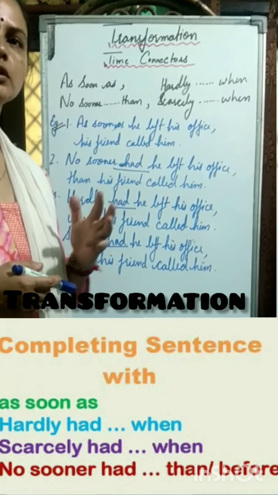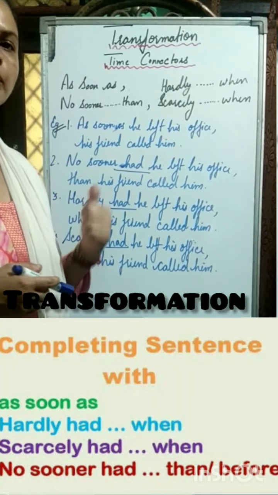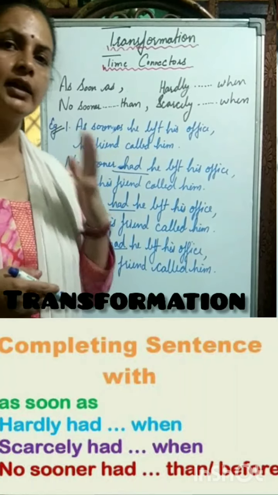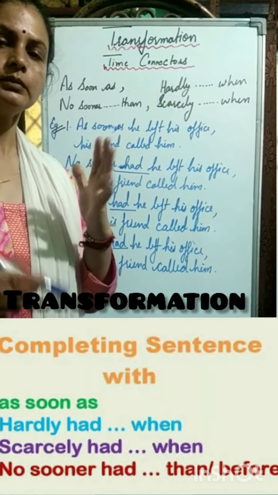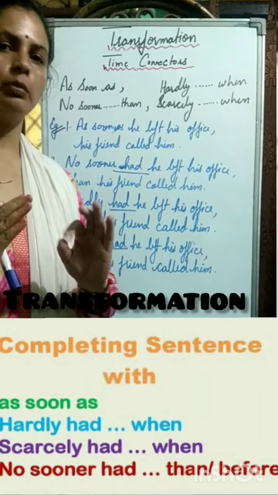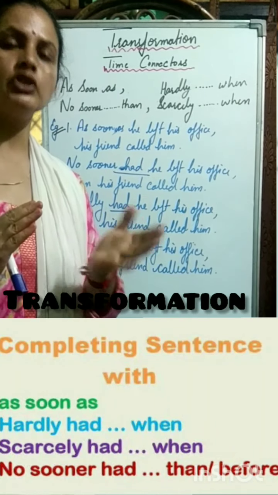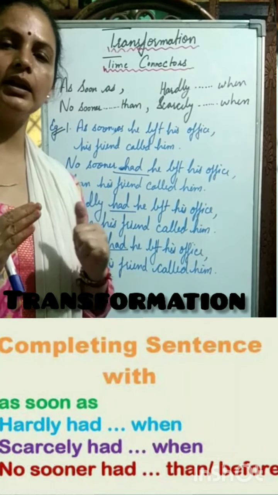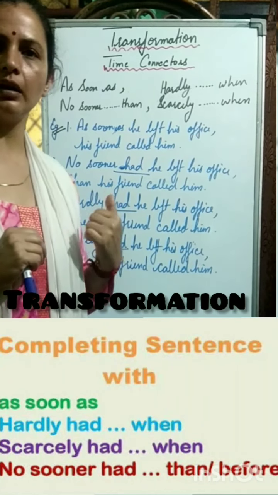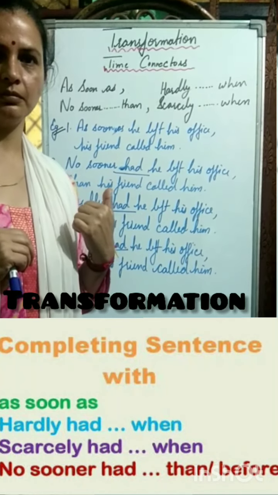Then there are two similarities in all the four sentences. One is time: while transforming, we are not going to change the tense. And the second thing is that they all are expressing the idea of time.